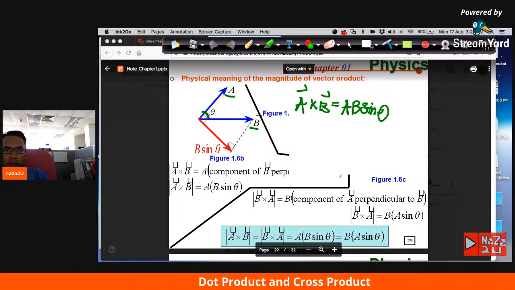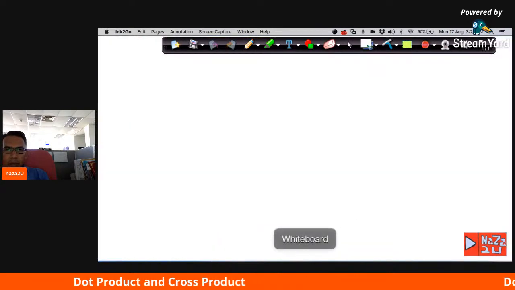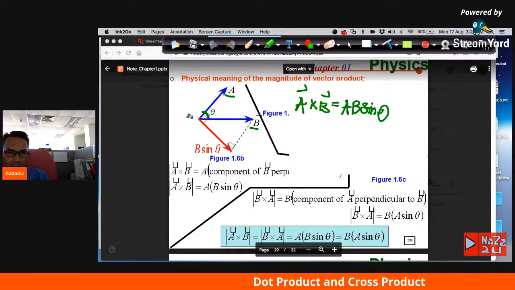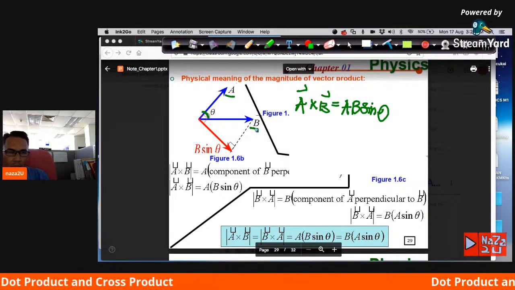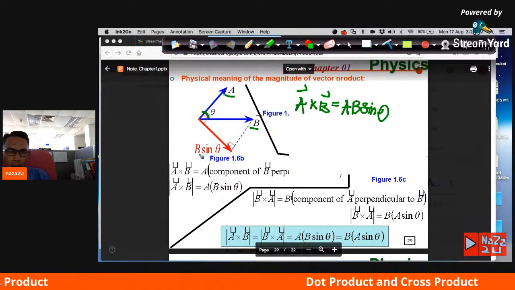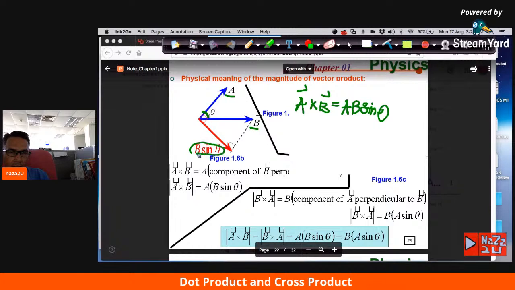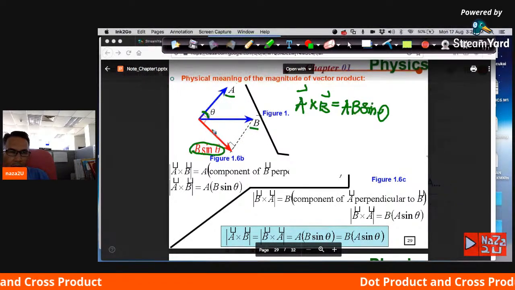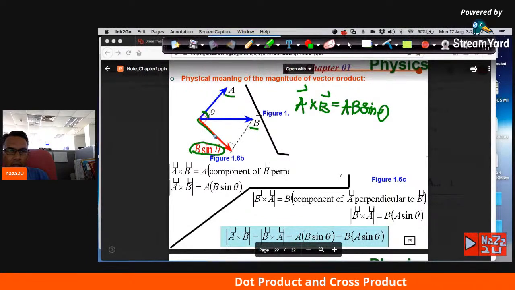Okay, so now this is theta here, the angle theta between vector A and vector B. So B sin theta here is the opposite side. This is B, and this is the direction of the vector B sin theta.